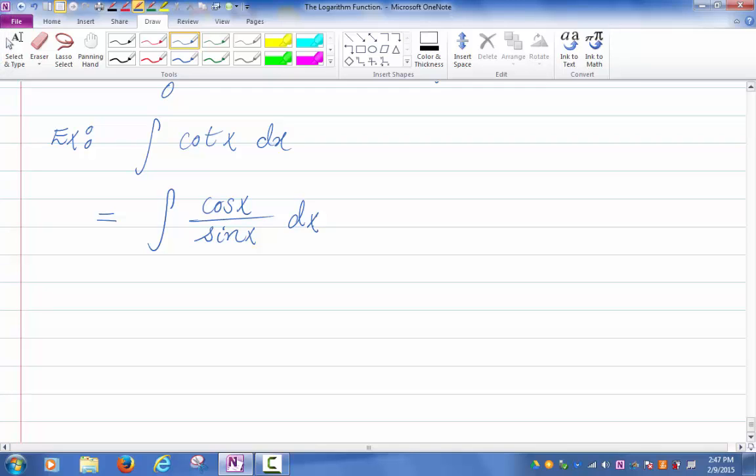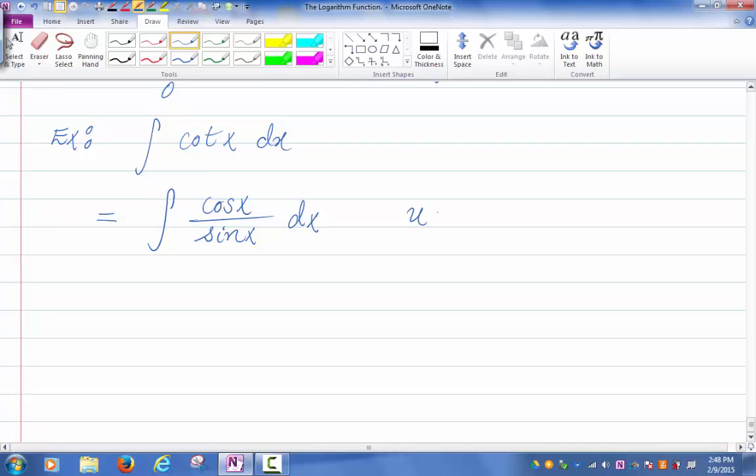You need to observe something here. The derivative of the denominator is sine here, right? The derivative of the denominator is exactly the numerator. You know that whenever that happens, you should always do a substitution.